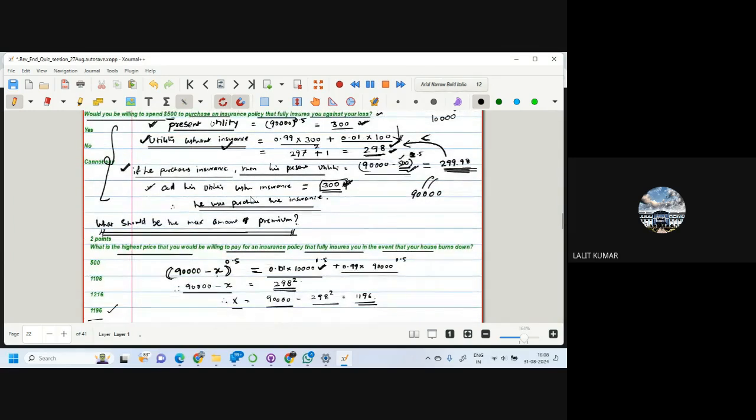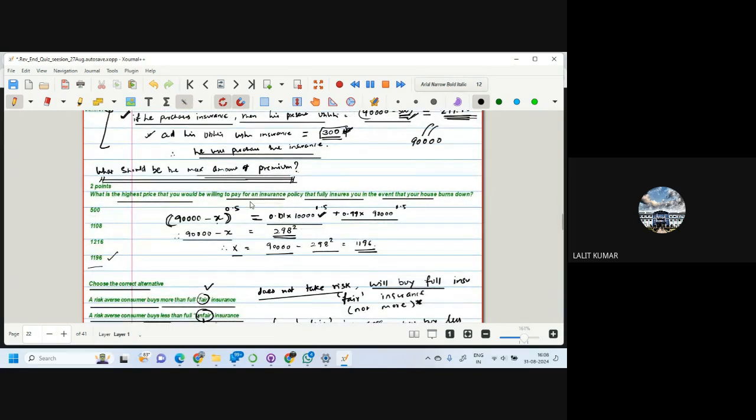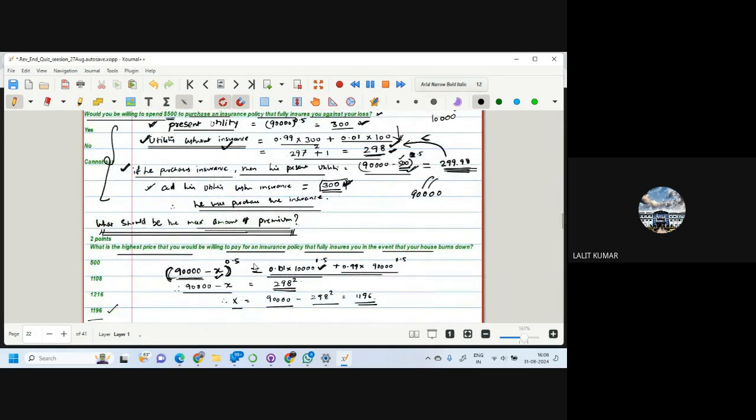But what should be the maximum amount of premium which he should pay? To find that, 90,000 is his total. He pays X amount of premium. So this becomes his present utility, and this becomes equal to his expected utility which we had calculated, which comes to 298.